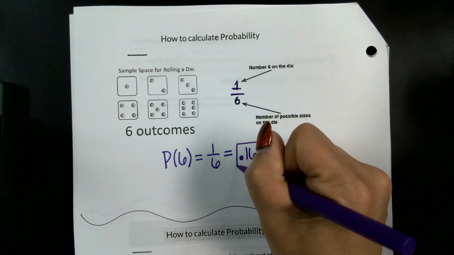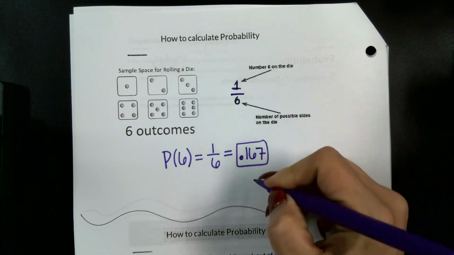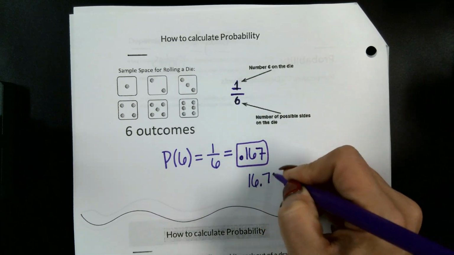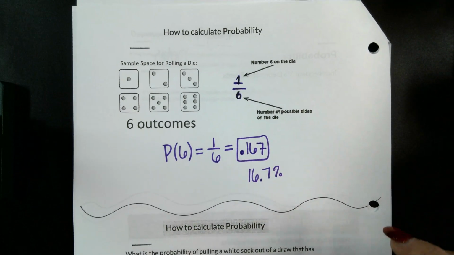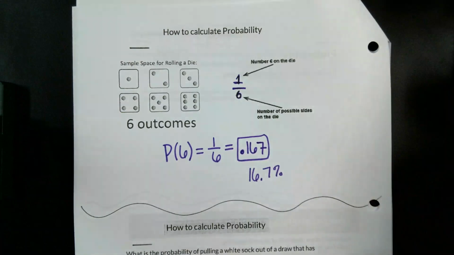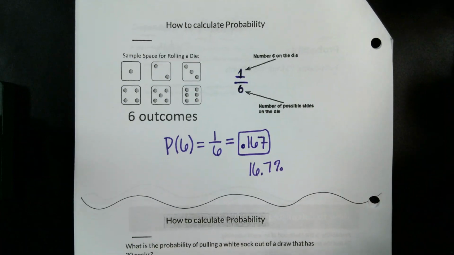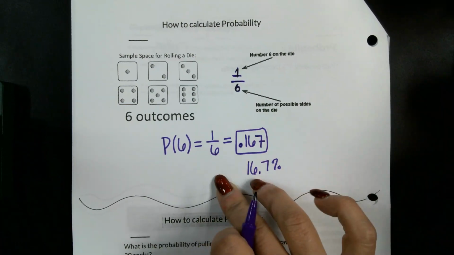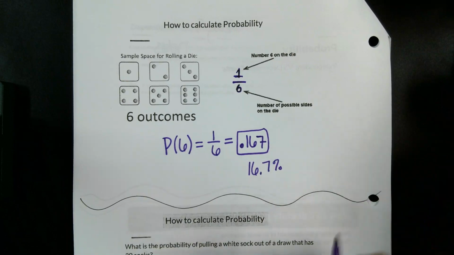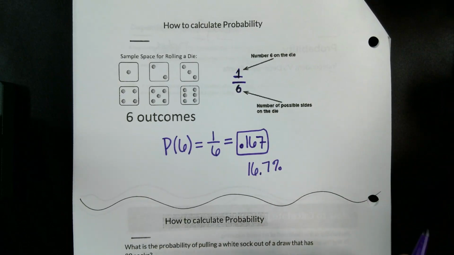So it is 0.167. That would mean there's a 16.7% chance of it happening. But we're going to write it in decimal form, okay? So once you guys have your fraction set up, just type it in as a division problem on the calculator. That's all you have to do.